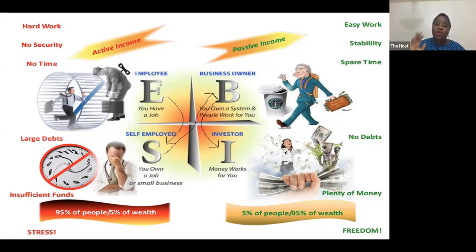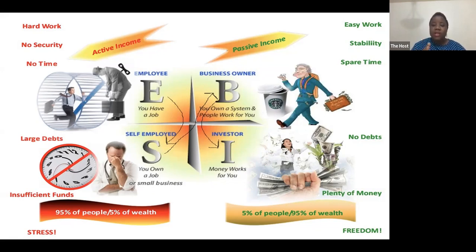They leverage on people's time and effort to work their system for them. The ideal number here is 500. Also on the down corner here, the investor has a lot of money and the person is making their money work for them.